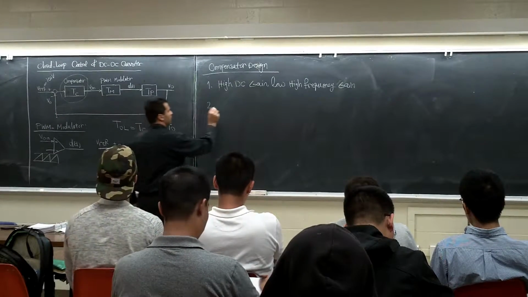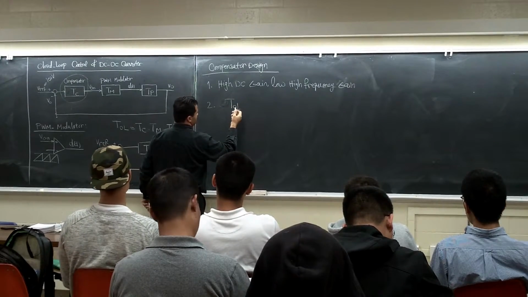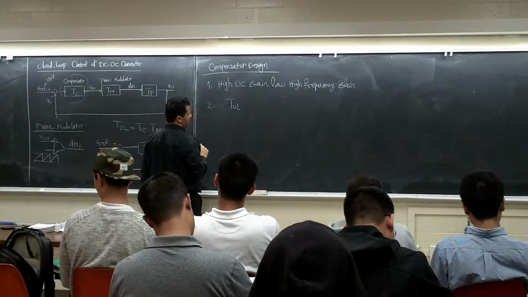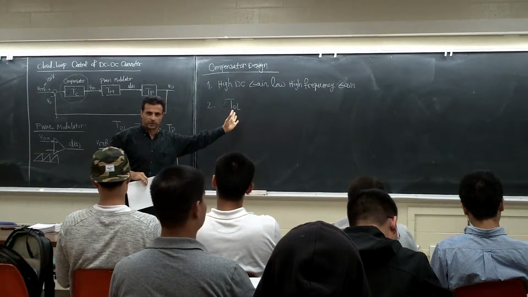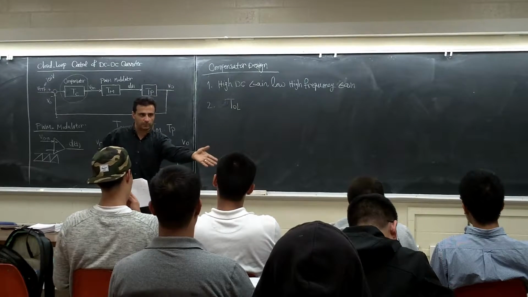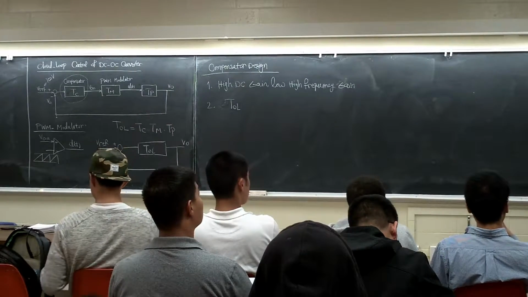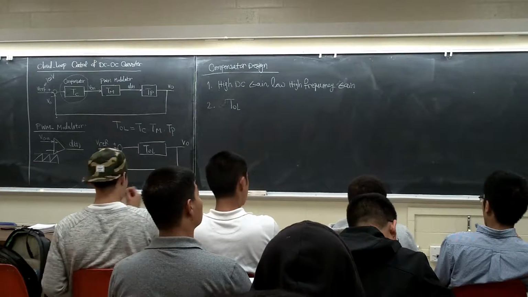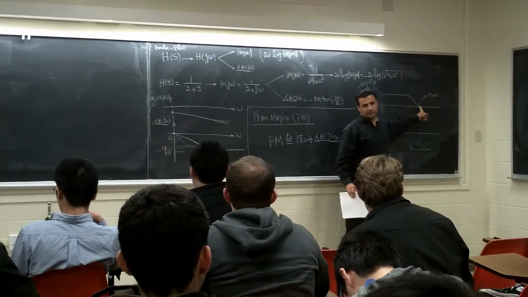What does it mean? It's when TOL is going to become 0, right? For example, let's say this is the TOL, 20 logarithm of the TOL. The crossover frequency of TOL is this frequency, right?